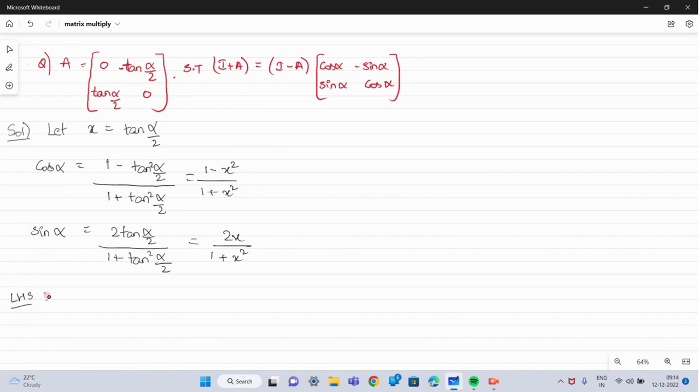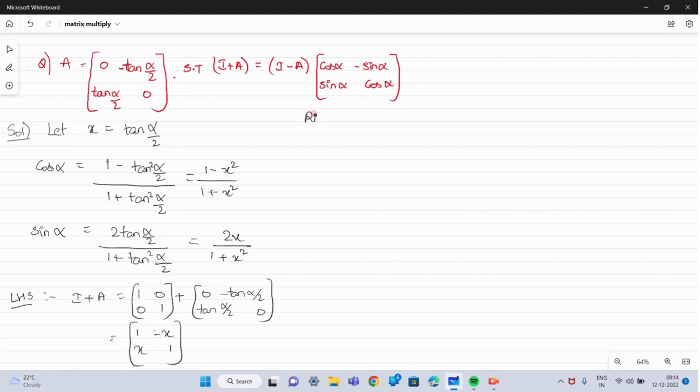In the LHS it is given as I plus A. Identity matrix of order 2 cross 2 plus the given matrix, which is 0, minus tan alpha by 2, tan alpha by 2 and 0. Now it is 1, x, minus x, 1, writing x in place of tan alpha by 2.